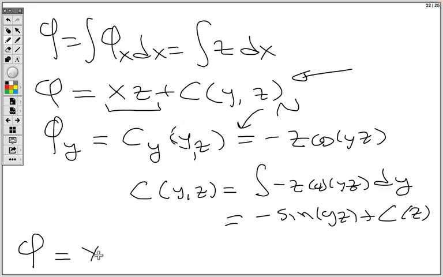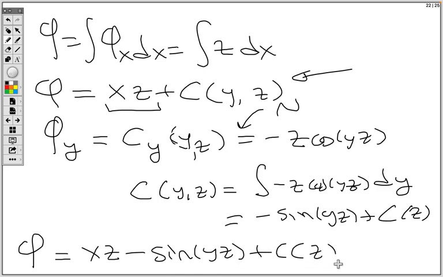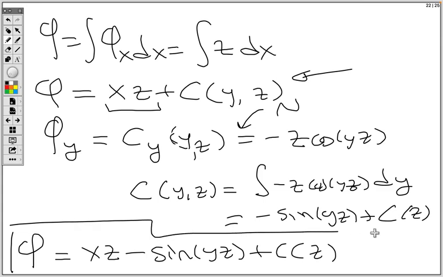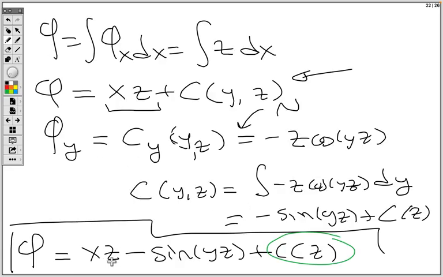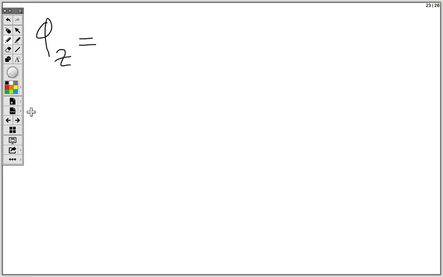So now here's what my phi looks like. It looks like xz minus sine of yz plus c of z. The last piece I need is to figure out what that is. To do that, I'm going to take the partial of phi with respect to z and see what that's supposed to be. So the partial of phi with respect to z would give me the x from here.